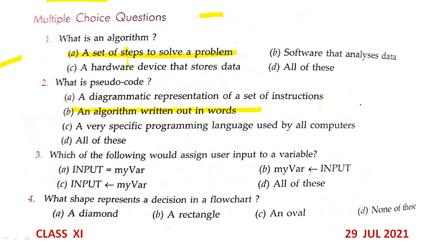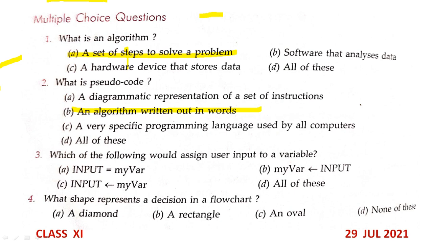Third question, which of the following would assign user input to a variable? In programming or in your mathematical expression we use the equal to sign, LHS equal to RHS. The value will be assigned from RHS to LHS. So, your input should not be on the LHS, because whatever you give as input will be assigned.